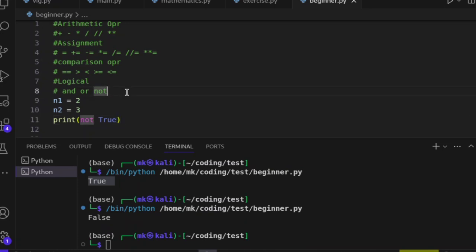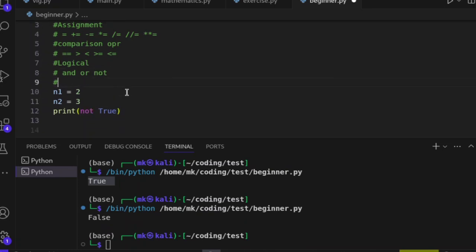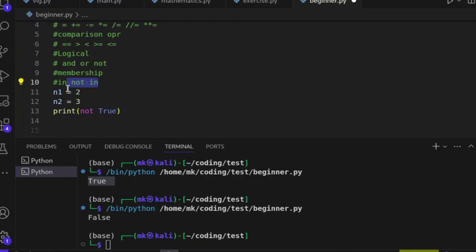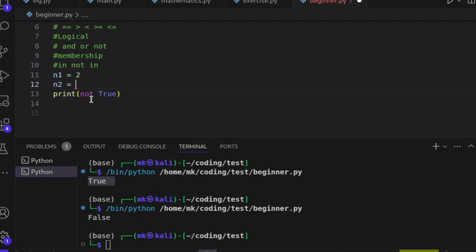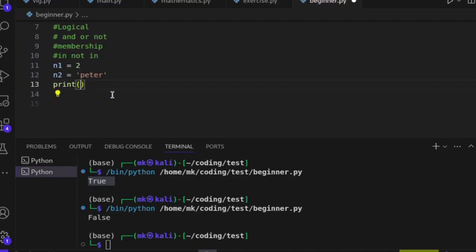Then we have the other operator, which is membership. If I have a list, then I can check if I have some value inside it. It has only two operators, which are in and not in. So for example, let's say this is the name of a person, and I want to check, do I have this kind of character inside the name?